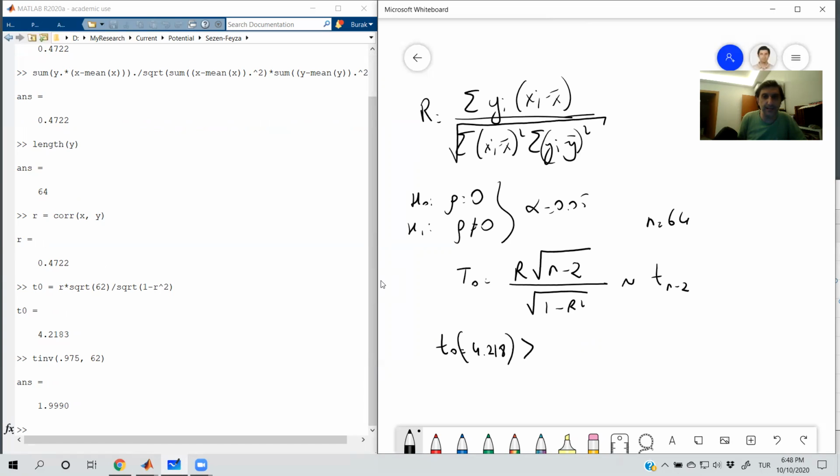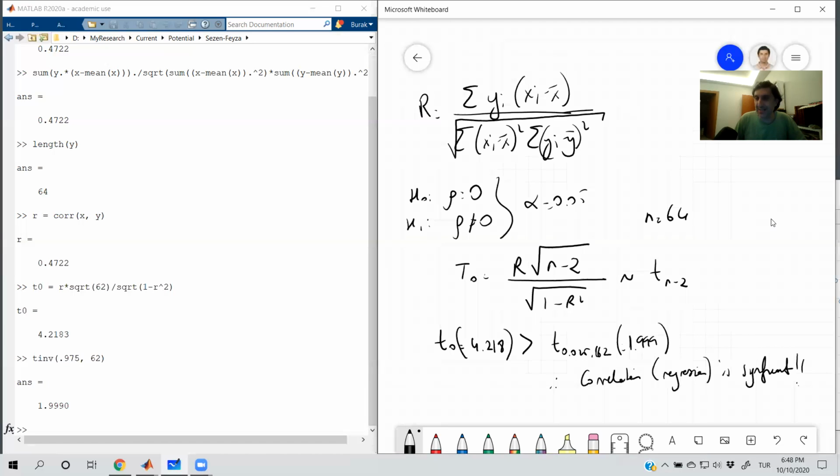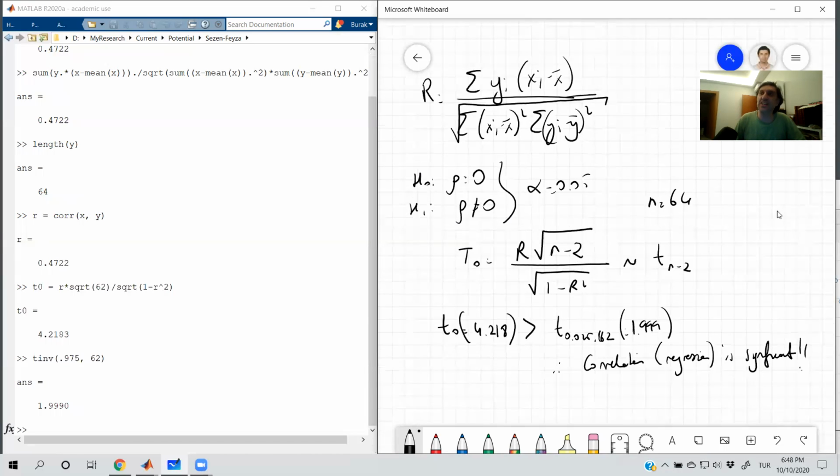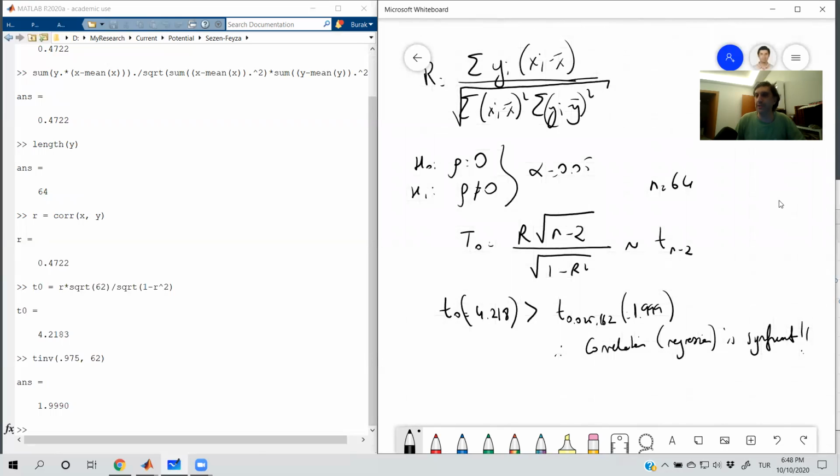This is greater than t0.025 with 62 degrees of freedom, which is equal to 0.999. Therefore, correlation, hence regression, is significant. Which means there is a relation between those two midterm results.